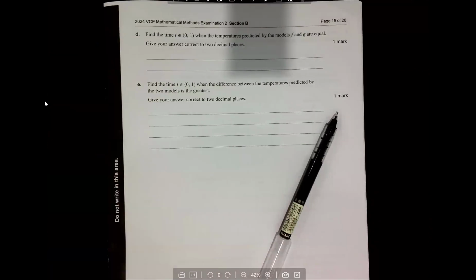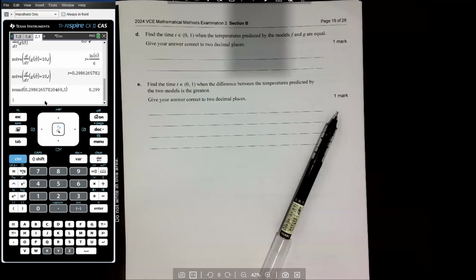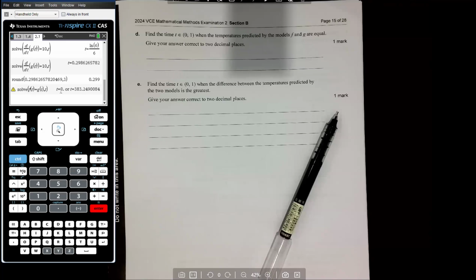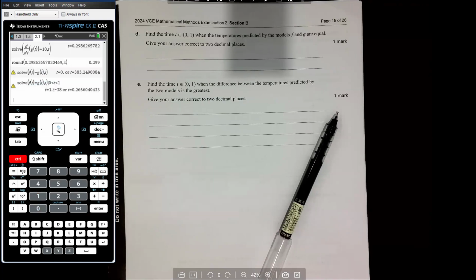So what I'm going to do is first, I'll solve f of t equals g of t, for t. You will see there is a 0 and a 383 something. Well, this one may look too large and a 0 is not included. So probably you can give a smaller domain restriction, 0 to 1. And you can see there is another value.